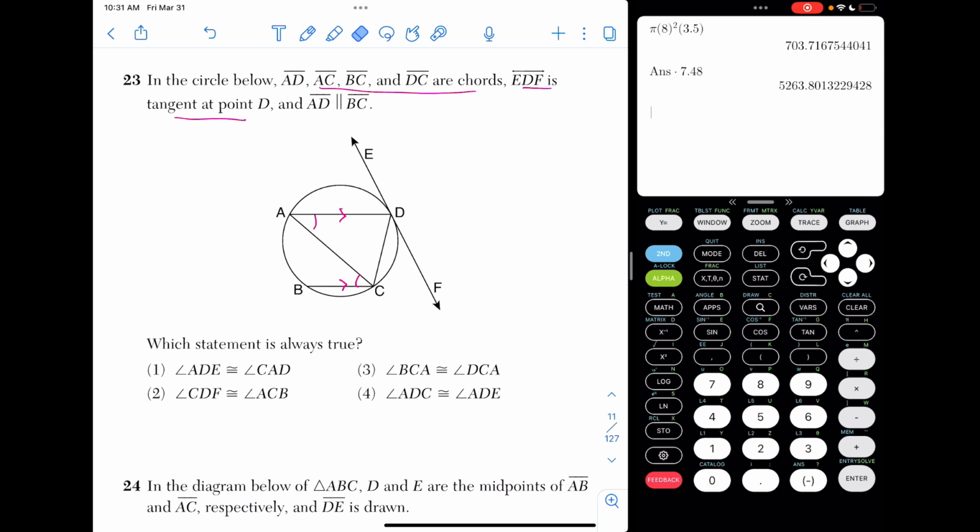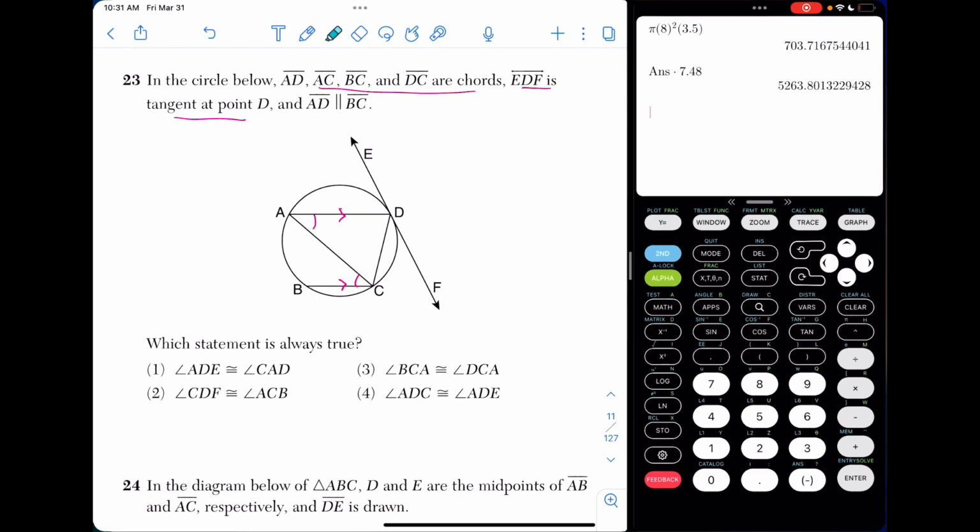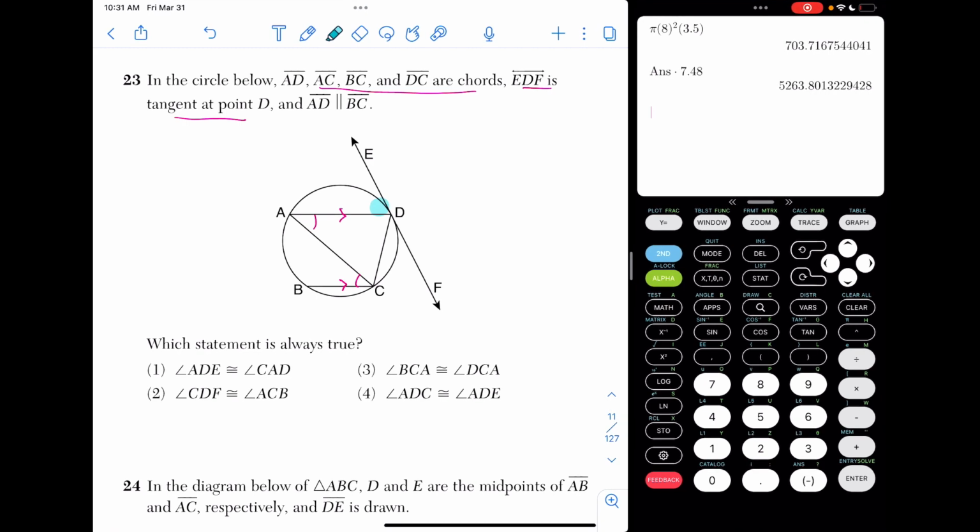Okay, and now let's look at the answer choices. Number 1, angle ADE. So ADE is this angle here, is congruent to CAD. And if I take a look at that, I do not see a reason why those angles must be congruent.